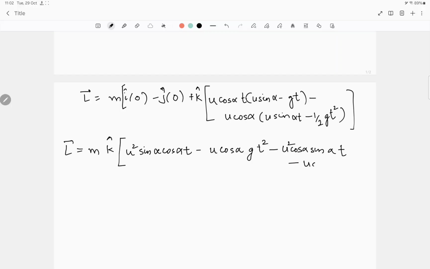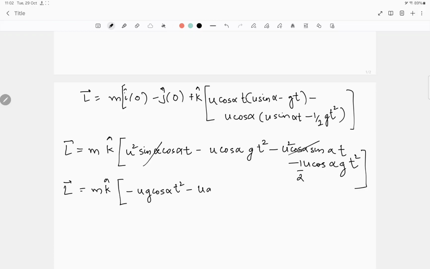Minus u cos alpha becomes half here, minus half into u into cos alpha into g into t square. This term and this term get cancelled out, so m into k cap into minus ug cos alpha t square minus ug cos alpha t square by 2.